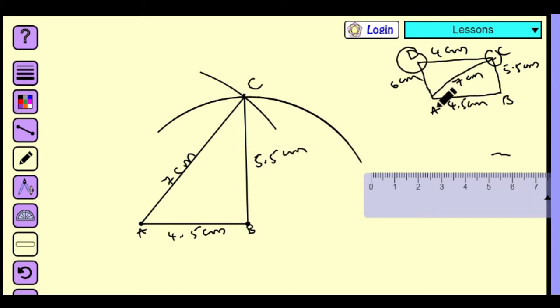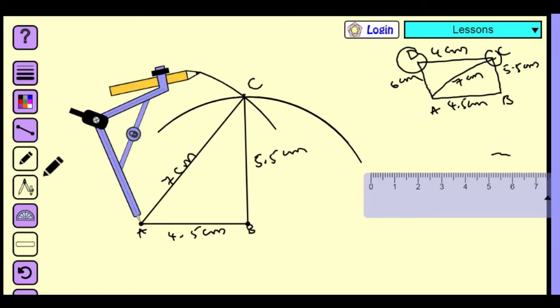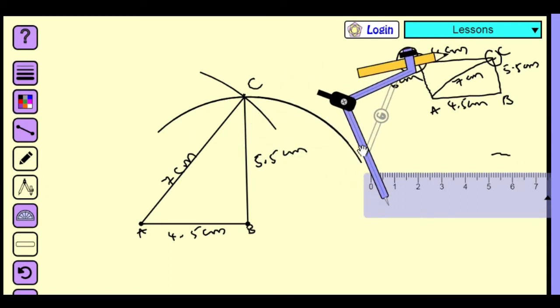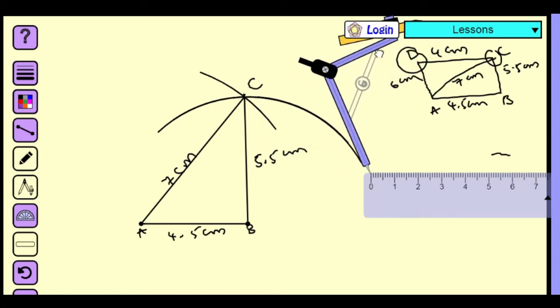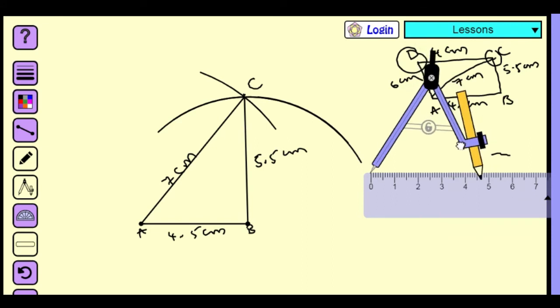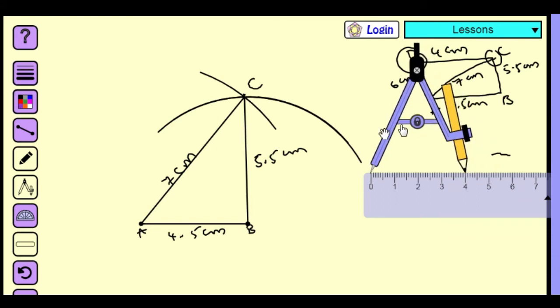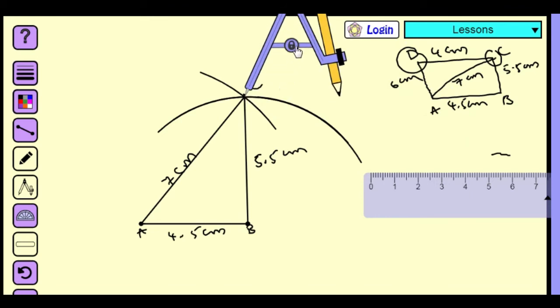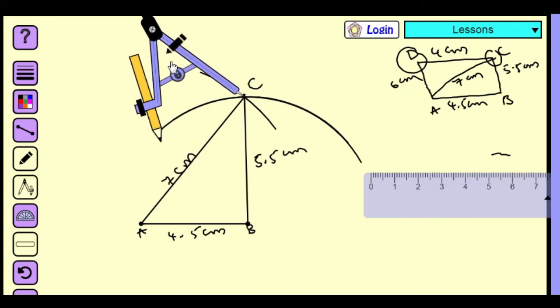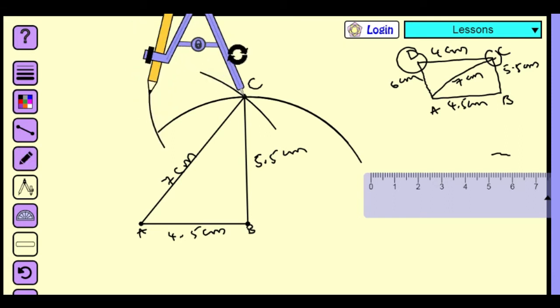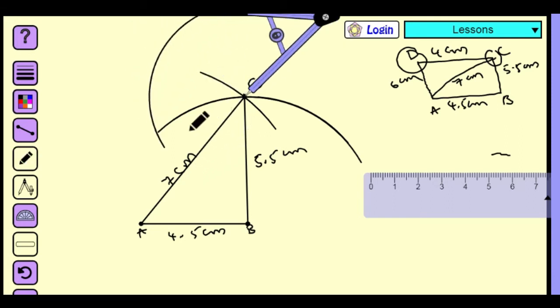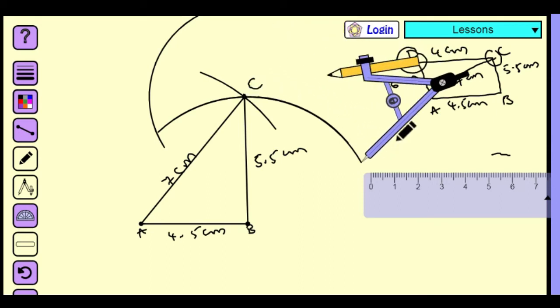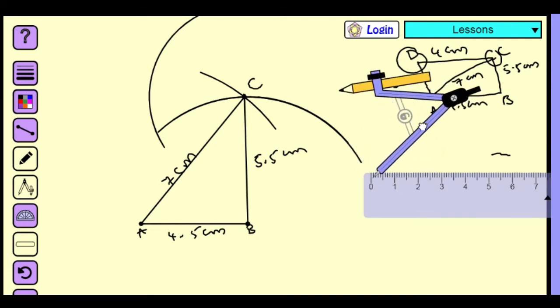So for this, with C as the center and radius 4 centimeters, draw an arc. So now take the compass length as 4 centimeters. With C as the center, draw an arc here. Next, with A as the center and radius 6 centimeters, draw an arc. Now take the compass length 6 centimeters.